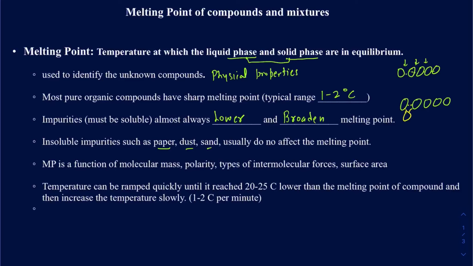So the temperature at which those interactions break will be different from the temperature at which your known compound's interactions break, and that's why your melting point range is going to be broadened in that case.